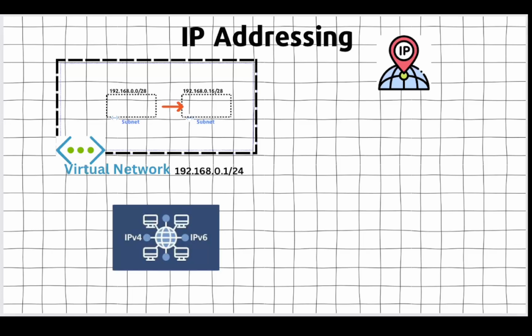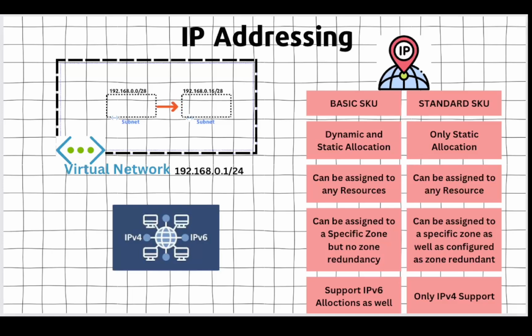So when it comes to public IP addresses, there are two types of public IP addresses. One is basic SKU public IP address, and another is standard SKU public IP address. Now there are some differences between them. Let's see those differences.